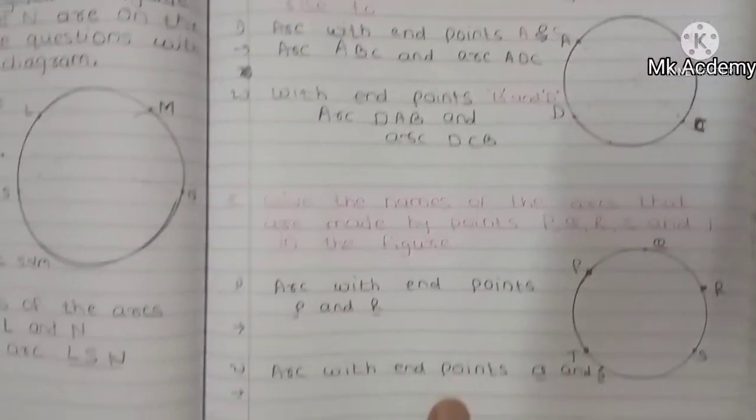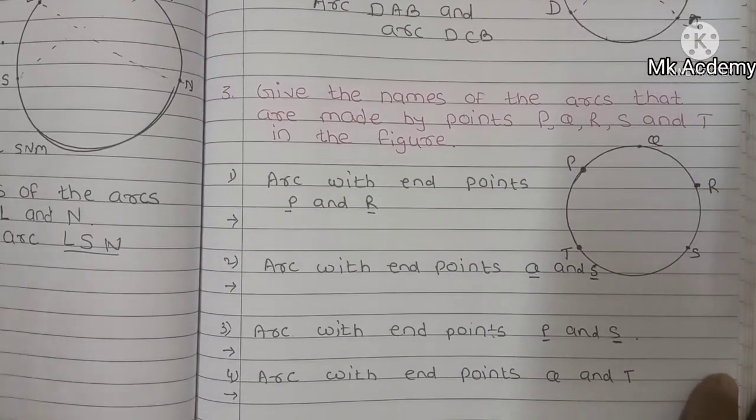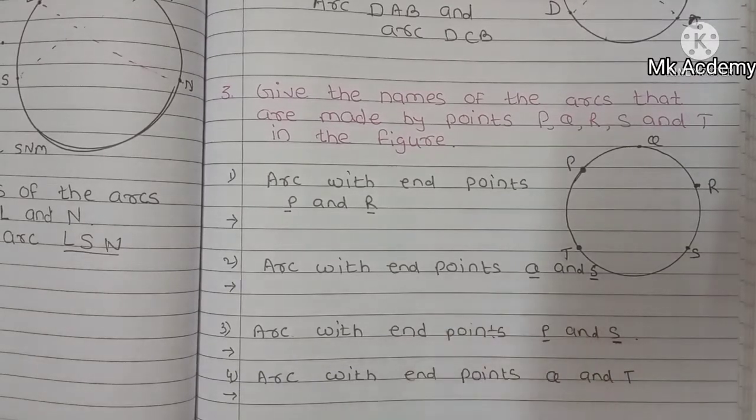Now question number 3. Give the names of the arcs that are made by points P, Q, R, S and T in the figure.